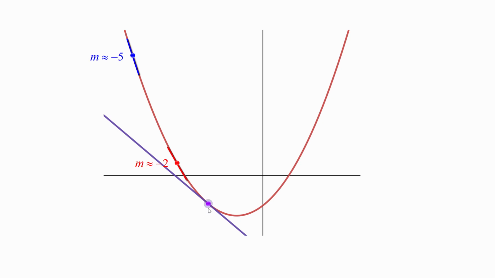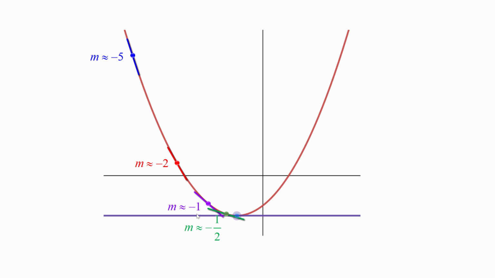So from the point, maybe it looks like we're going down 1 and over 1. So we would estimate that slope at -1. If we continue to move the point, now maybe it looks like from the point you go down 1 and over by 2. So that would be a slope of -0.5. And you can see that the slope gets smaller and smaller in magnitude, staying negative until right here, when the slope is actually 0 because the tangent line is horizontal.